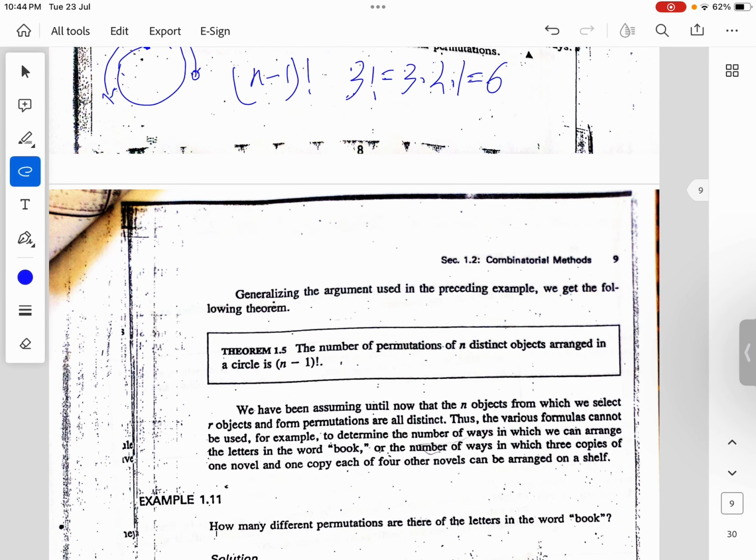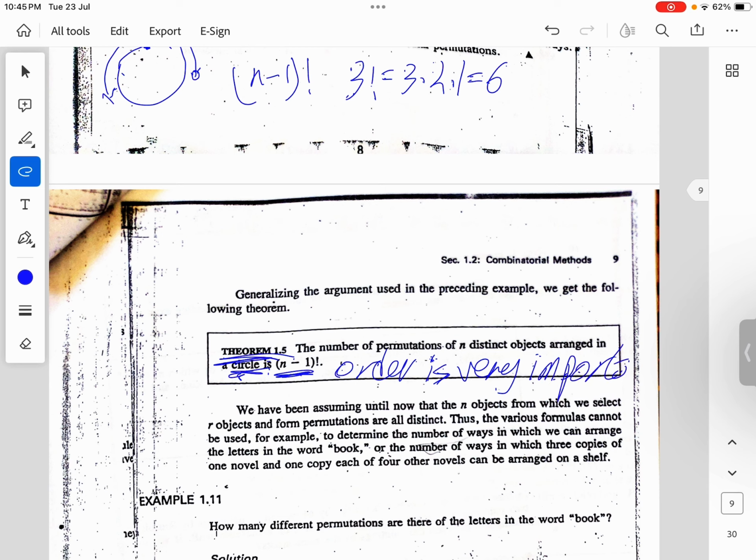The theorem: the number of permutations of n distinct objects arranged in a circle is n minus 1 factorial. Notice, in permutation, in all the previous theorems, theorem 1.4 and theorem 1.5, order is very, very important.